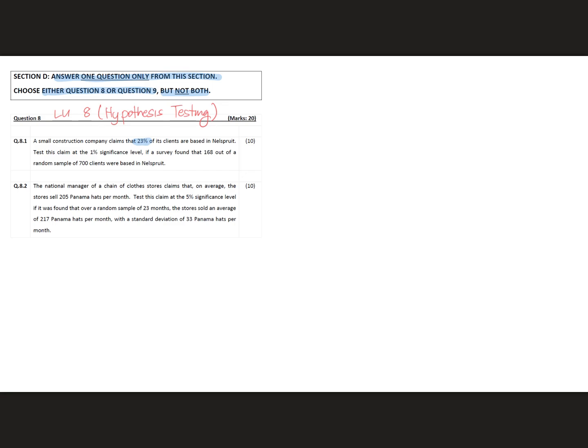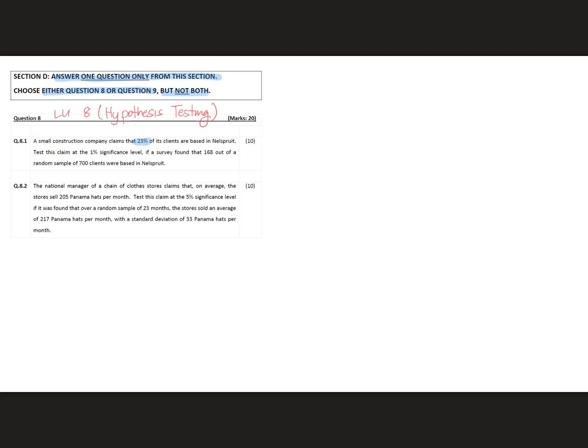The second thing we can gauge from this first sentence is that we are working with a two-tailed test. We can identify that from the fact that they claim it's 23% of its clients, meaning they are referring to exactly 23%. It's not more than 23%, it's not less than 23%, it's exactly 23%.